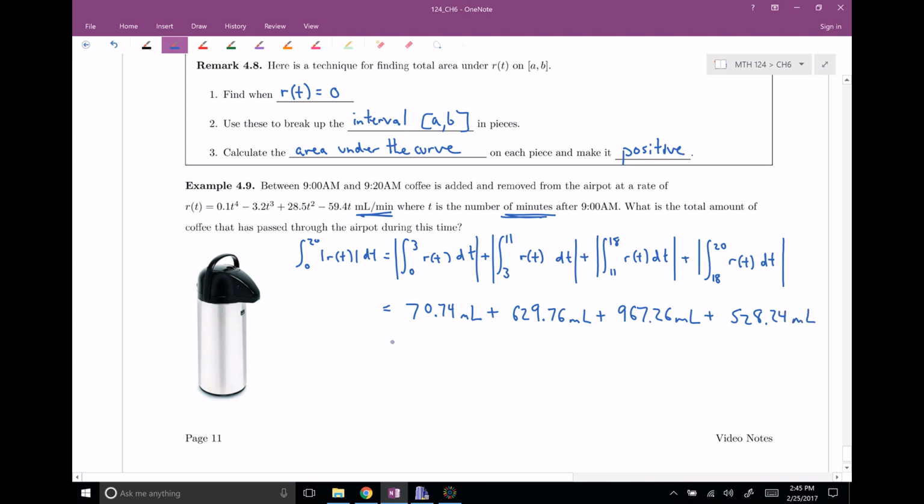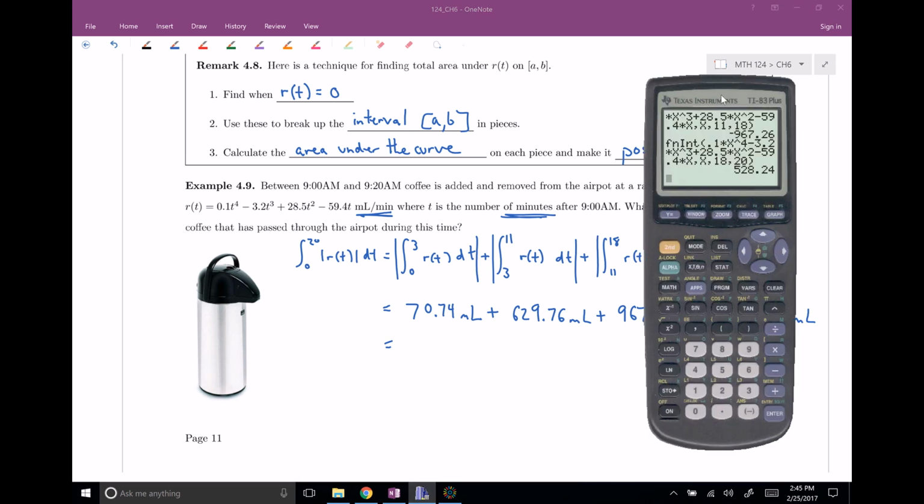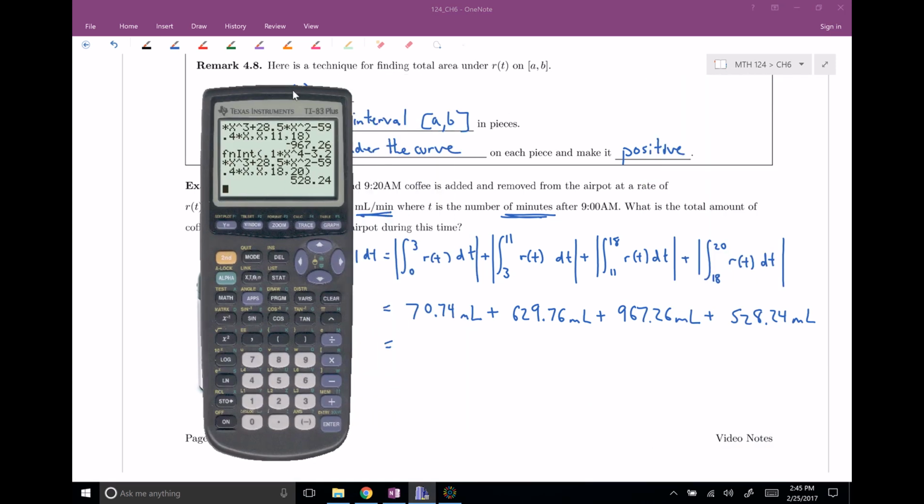Okay, so altogether during this time, how much coffee went in and out and in and out, right? So we can add these all up. 70.74 plus 629.76 plus 967.26 plus 528.24, hit enter.